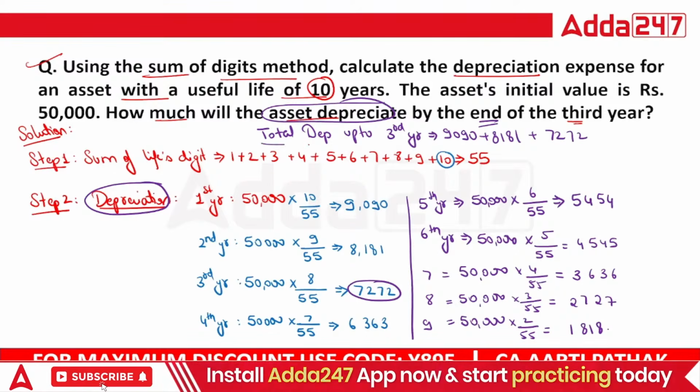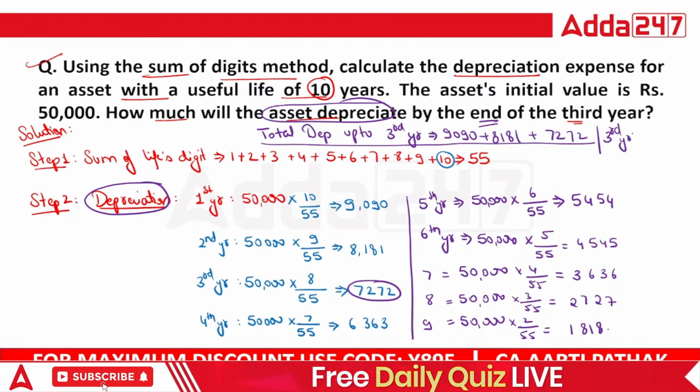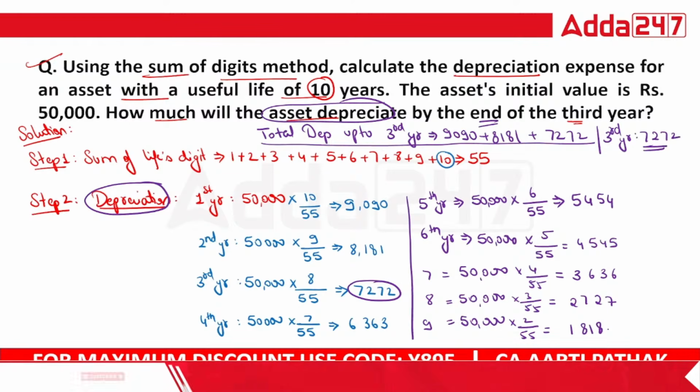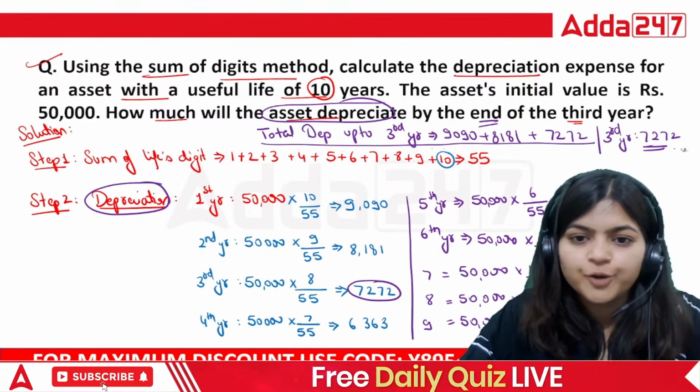This is how you need to give the answer. Or if they are asking only for third year depreciation, that is going to be 7272. This is how you need to solve your sum of years digit method. I hope this point is clear now.